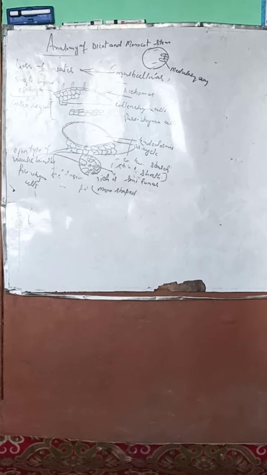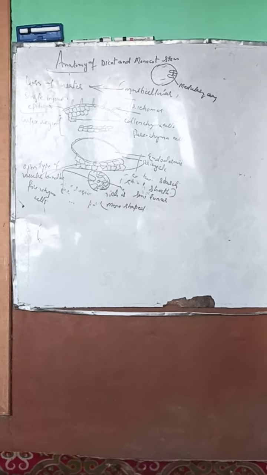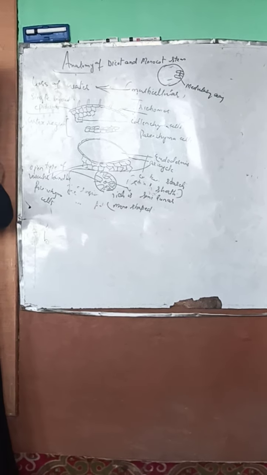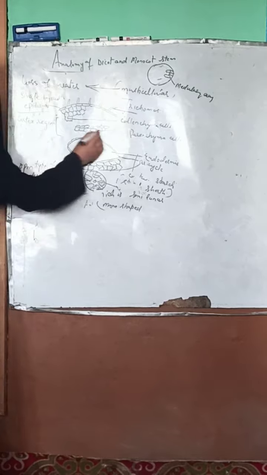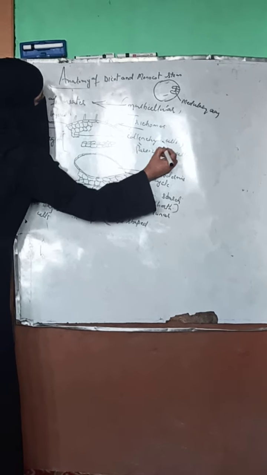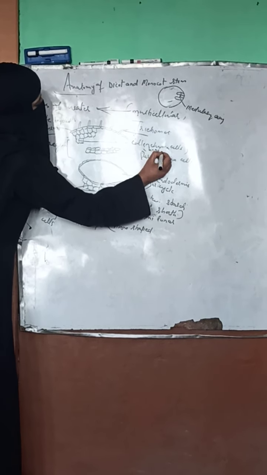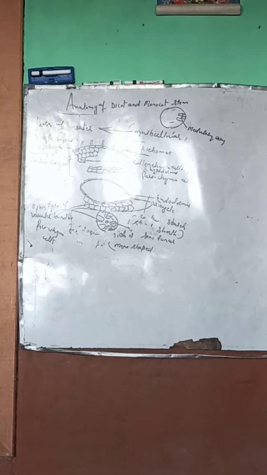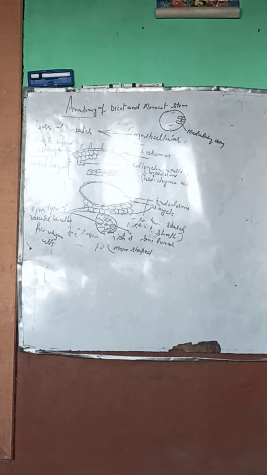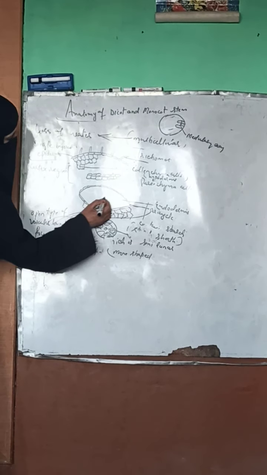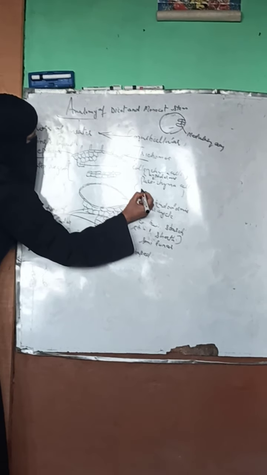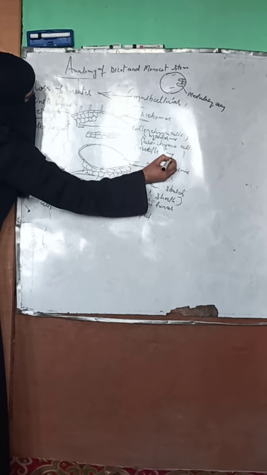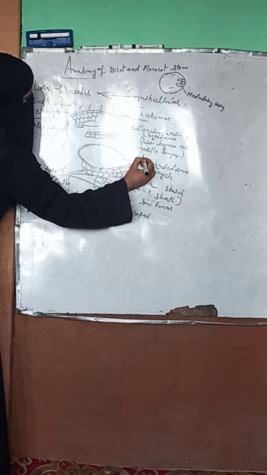These are different layers in case of a stem. The collenchyma layer is called the hypodermis, and then the parenchyma layer is the middle layer, which is called the cortical layer.